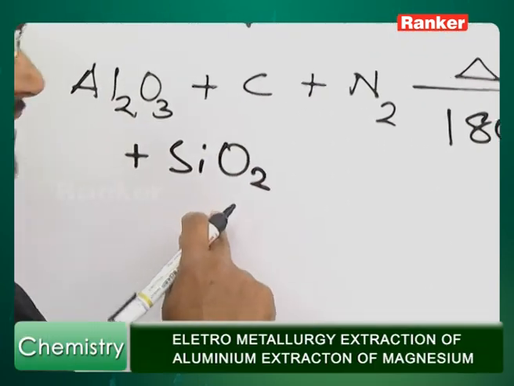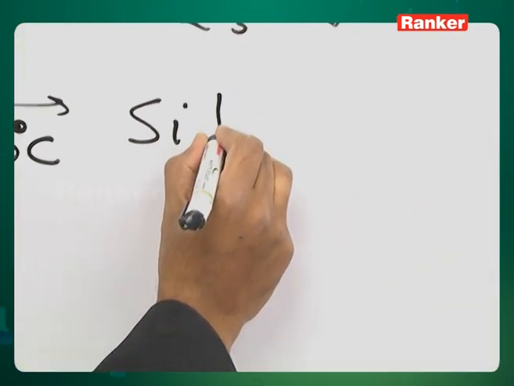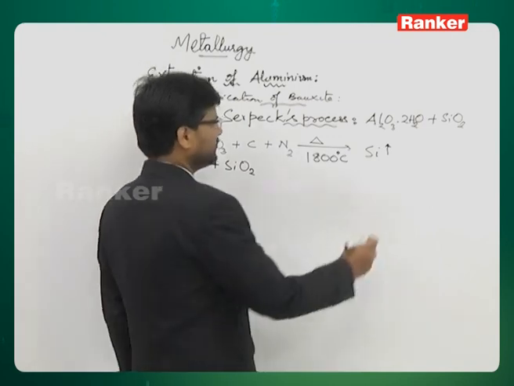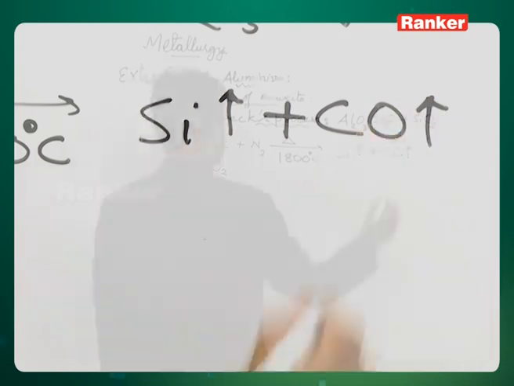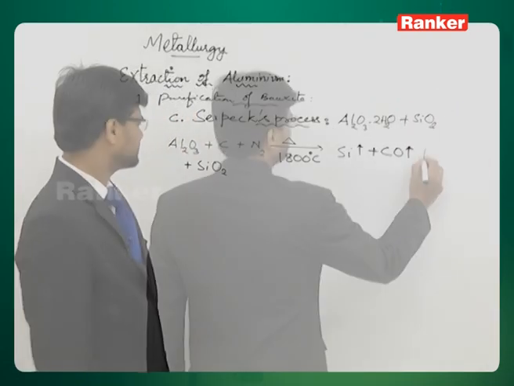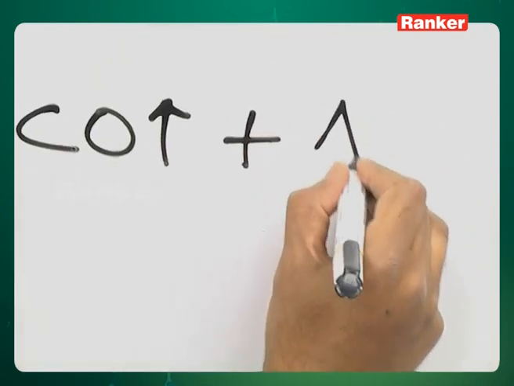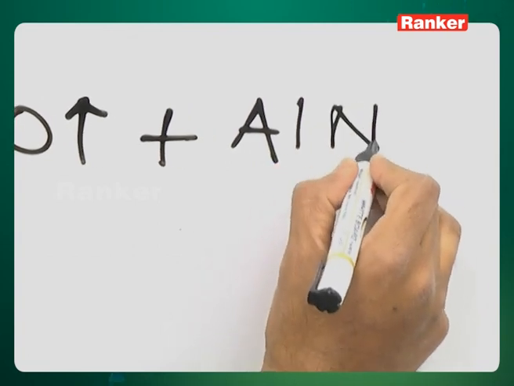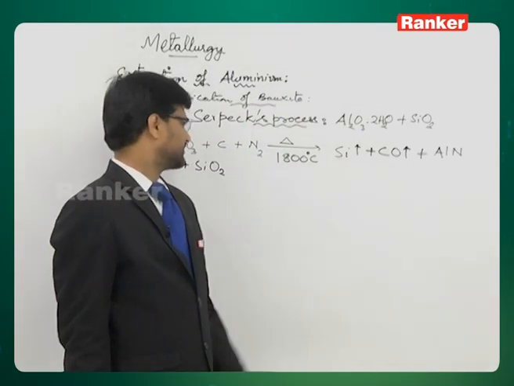Coke will transform SiO2 to Si, which escapes out as volatile fumes. Coke itself will get oxidized to carbon monoxide, which also escapes out as a gas. Al2O3 also will be reduced to Al, and then subsequently it reacts with nitrogen and you get AlN. These two are volatile substances, they escape out.